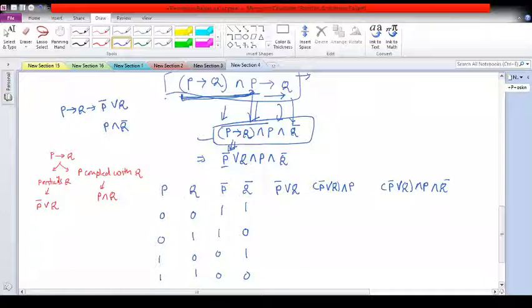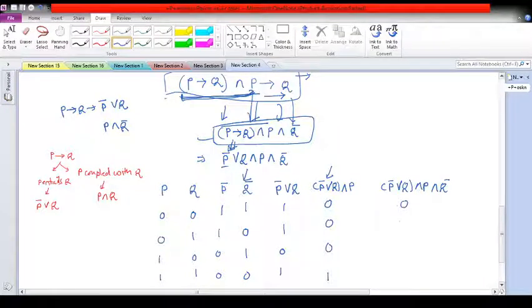Then find out P bar union Q. So this will be the maximum, so it will be 1 1 0 1. Then find out the minimum operator, that is P bar union Q with ending P. So it will be 0, this will be 0, this will be 0, and this will be, I'm sorry, yeah, this will be 1. Then ending with this Q bar, what is the result?